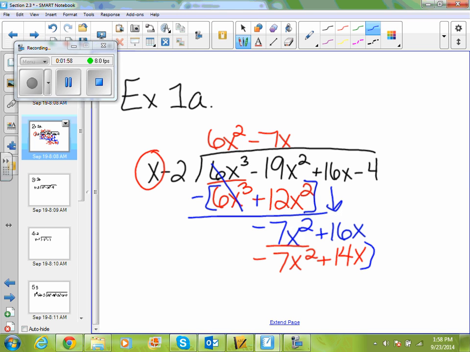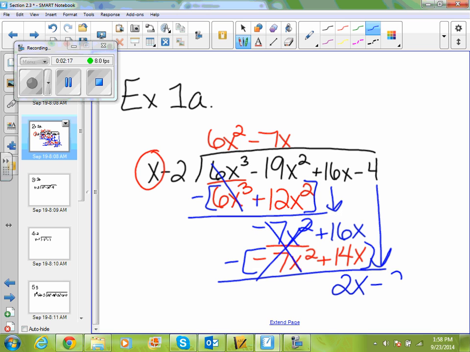And then we're going to subtract this whole thing from the top. So negative 7x squared minus negative 7x squared becomes 0. Those cancel. 16x minus 14x is 2x, because 16 minus 14 is 2. And then the last thing that we bring down is that minus 4.